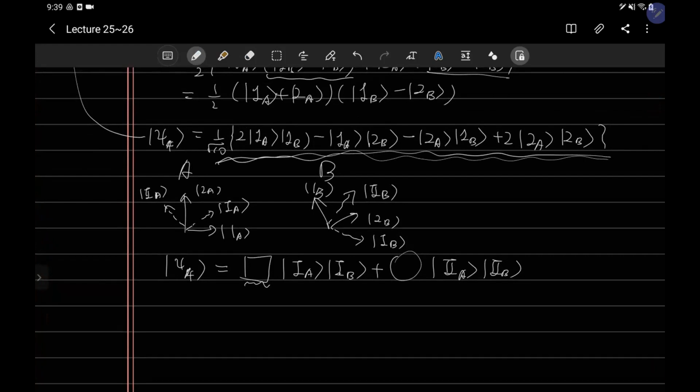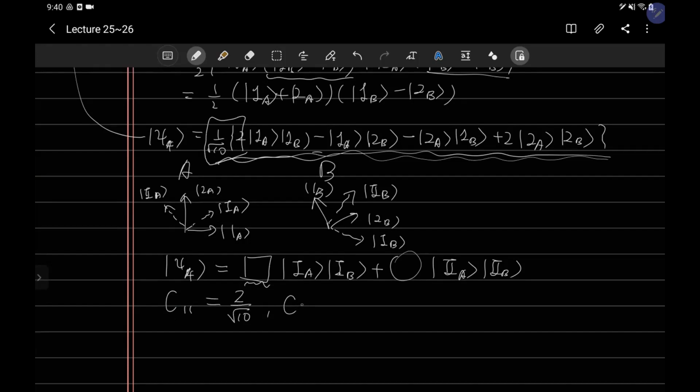Now what we are going to do is use each of these coefficients as the component of some new matrix. I will call it C, and the first row, first column component of this matrix, I will choose from the first coefficient, which is 2 over square root of 10.